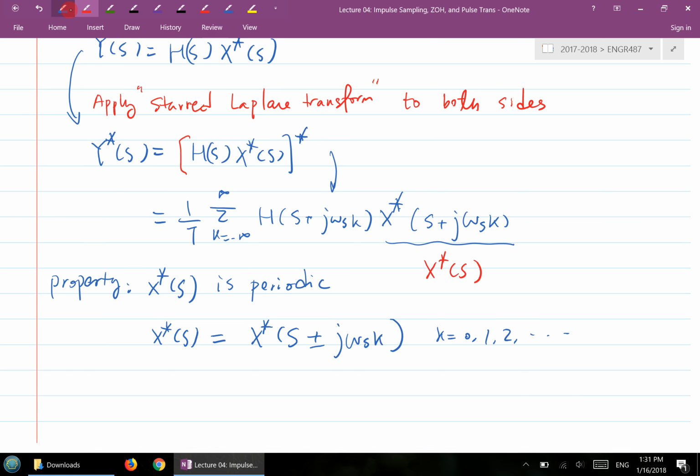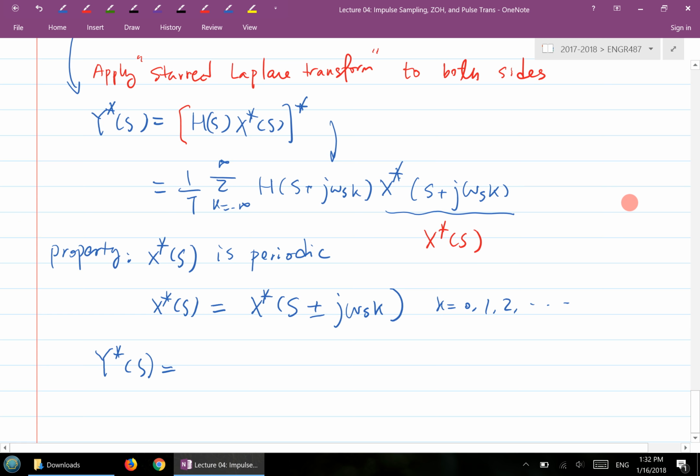So now, this y star of s, let's look at the right side again. Now this is periodic, so this is x star of s, so the k term is gone. It has nothing to do with the k anymore. So you can literally take this out of that summation sign.